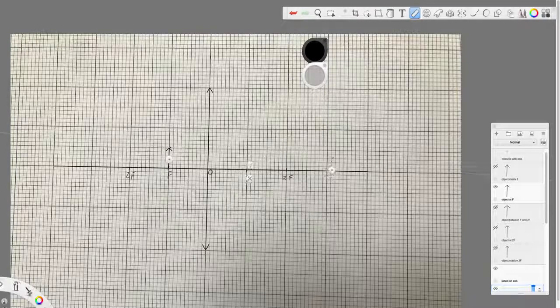So a ray which comes in parallel to the principal axis comes out through the focus.